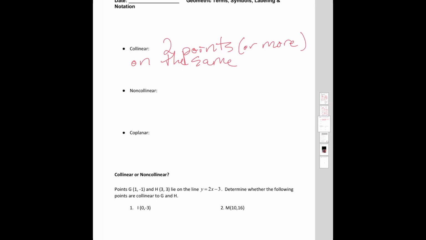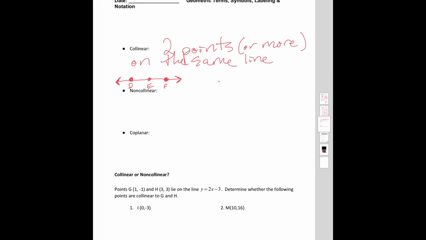So for example, if I have these 3 points here, let's say it's point D, E, and F. These can all be connected in a straight line, meaning it goes on forever in both directions, and it doesn't stray off of this line at all. There's no random points anywhere. So that means they're collinear.